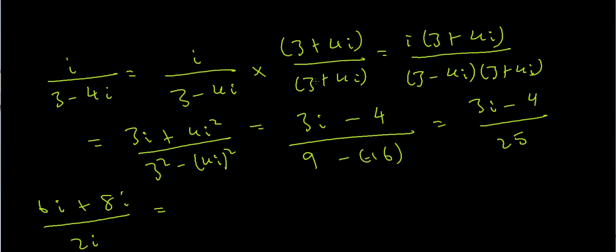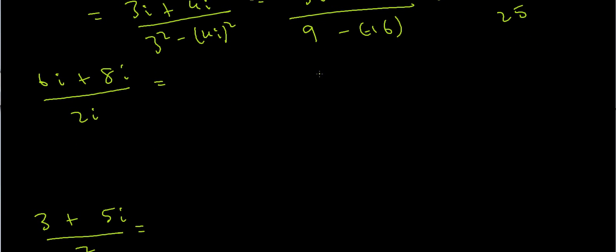So let's look at this next example. Maybe choose a different color. So let's choose yellow. So we've got 6i plus 8i over 2i. I'm actually not going to multiply the top and the bottom by the conjugate, because if I split this up into individual parts, I've got 6i over 2i plus 8i over 2i, which is just 3 plus 4.